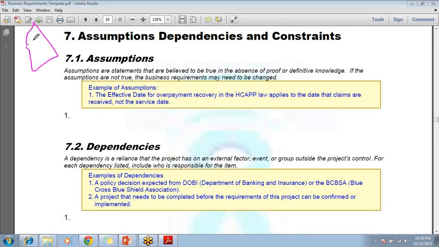This is system A and this is system B. System A and B communicate today. So this is your current state. In the future state, they are saying that A will communicate with C. This is your future state.